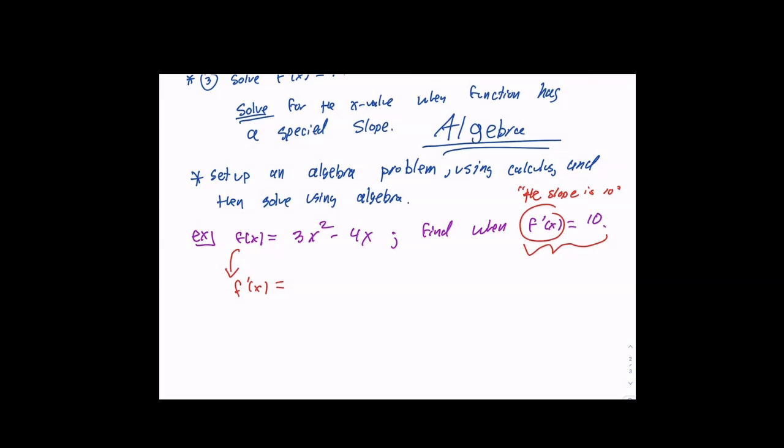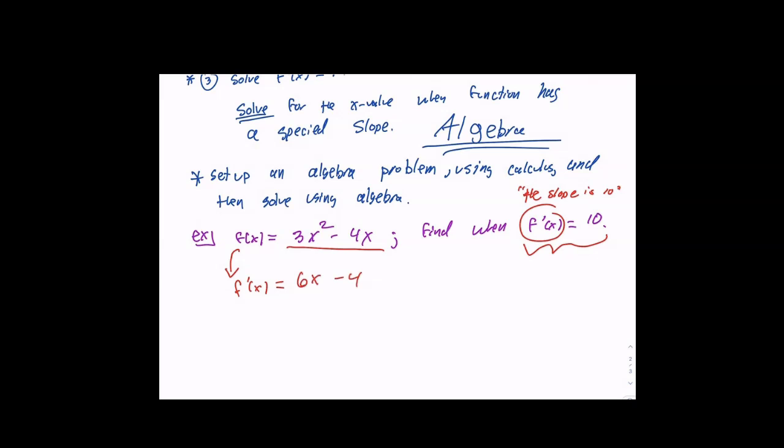We're going to find when f prime of x equals 10. But now we've got to find what f prime of x is before we do that. Is it like 6x minus 4?